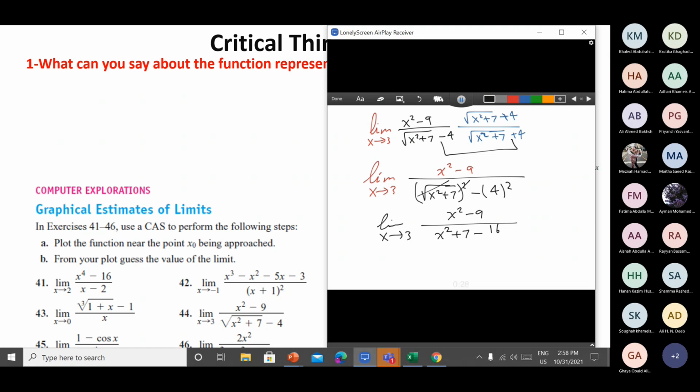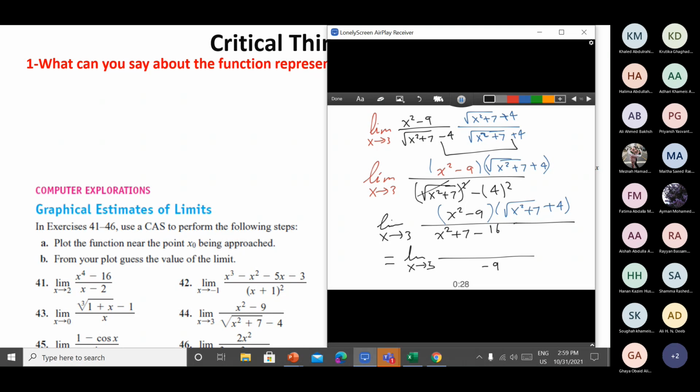I forgot, I multiplied this one and forgot the one up here. Now, what do you have? Limit when x tends to 3. 7 minus 16 is what?